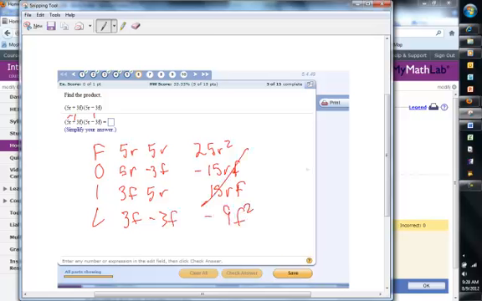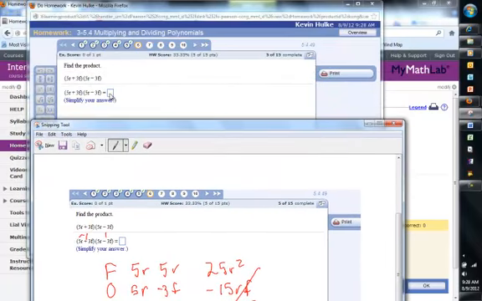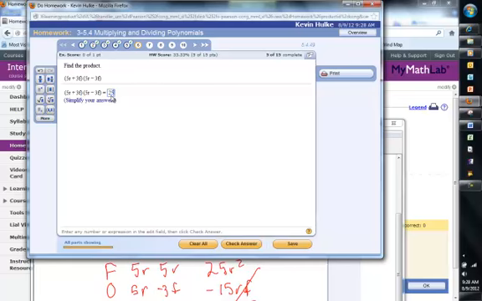These two cancel out. So our answer is 25r squared minus 9f squared. Next one is a square of a binomial.